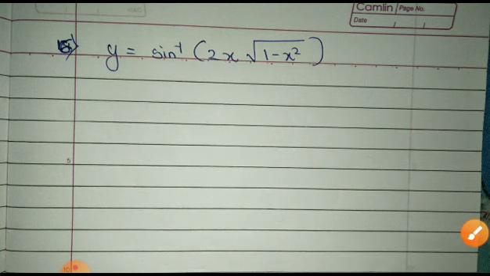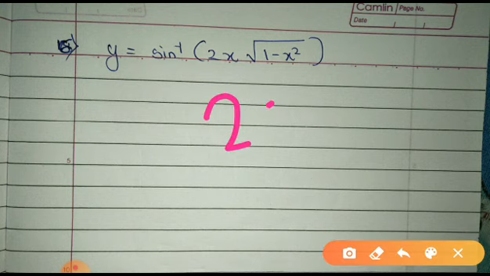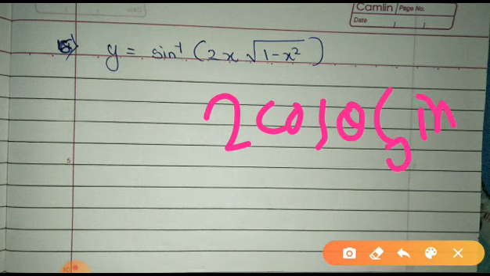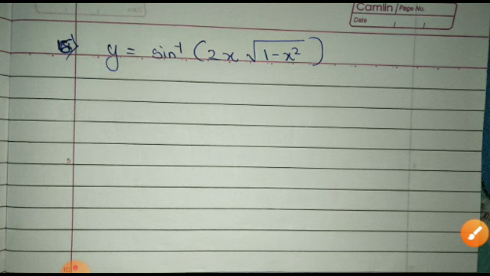The other way round, if I substitute x as cos theta, I'll get 2 cos theta into root of 1 minus cos square. 1 minus cos square is sine square, and the square root of it will be sine theta. So is it the same as 2 cos theta sine theta, that is 2 sine theta cos theta? Both are the same, so you can have any substitution.